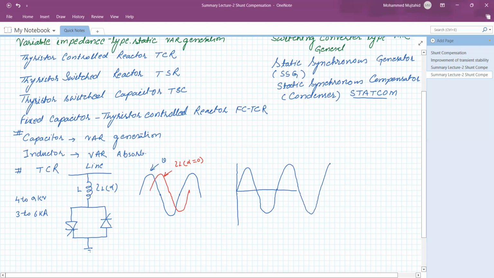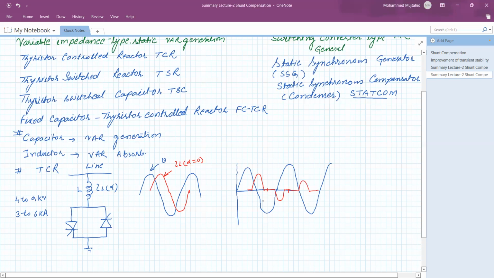So it becomes clear how the current is going to vary. Now there is a delay angle, and because of this delay angle, the magnitude of current decreases. Here again the delay angle has been increased, so the current also decreases, and so on.